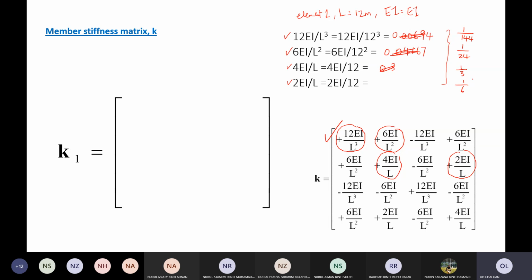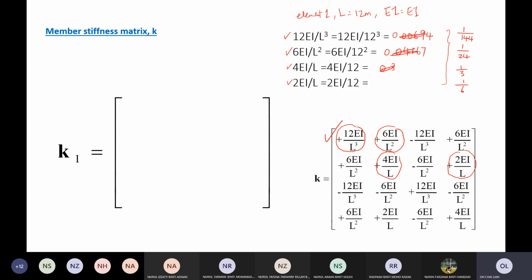If yes, then please put it in this matrix. Okay, I will try to put it in.